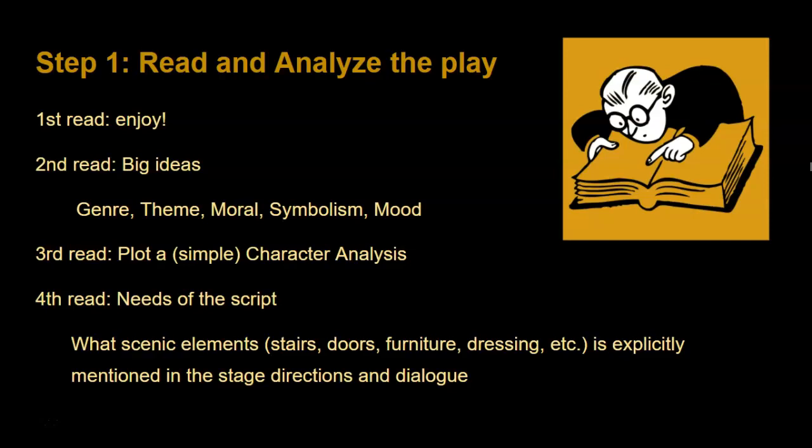Symbolism, especially in regards to the set. Now, in some plays, symbolism within the set is cut and dried. It's there for you. For example, in Disgraced, there's a lot of symbolism behind a very specific painting. Some sets, the symbolism you might have to come up with on your own.